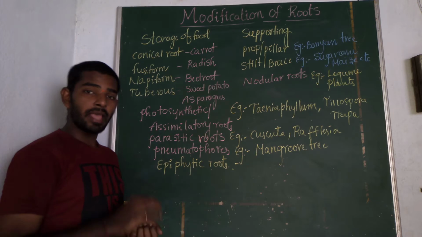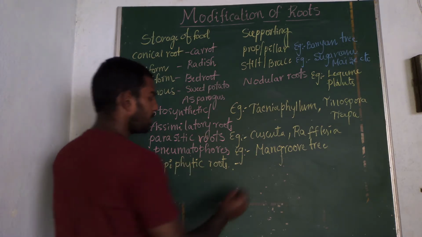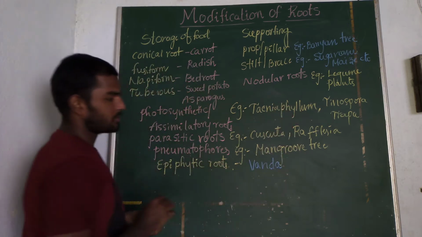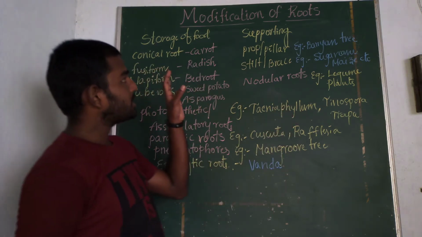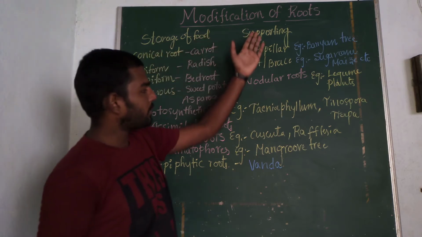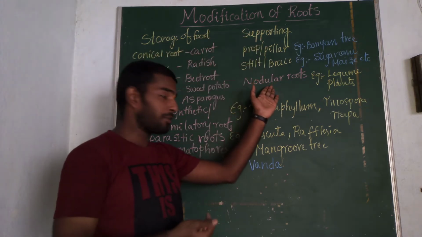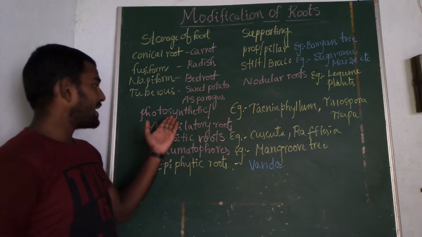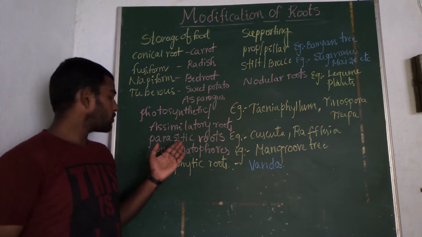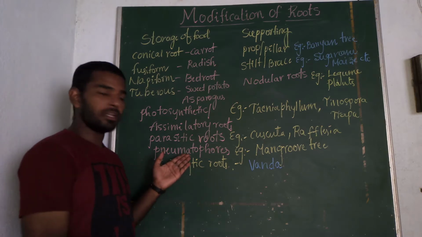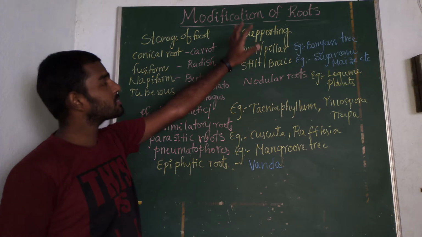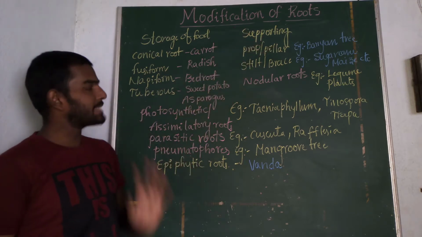These plants you can see in the evergreen forest. Examples like Vanda, having velamen roots. So these are all the modifications of the roots: storage of the food material, supporting, nodular roots helping nitrogen fixation, assimilatory roots performing photosynthesis, parasitic roots, pneumatophores or respiratory roots, and the epiphytic roots. These are all the modifications of the roots, classified with examples.